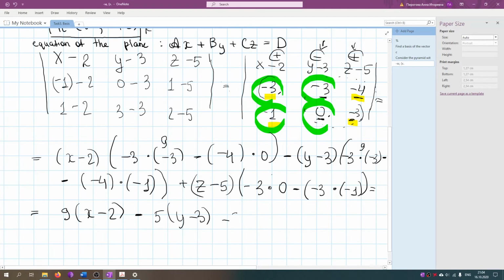Here we have 0 and here we have plus 3. Oh, sorry, here we have minus 3 actually. Yeah, because at first we have here 3 and then we have minus here, so it will be minus 3 multiplied by z minus 5.